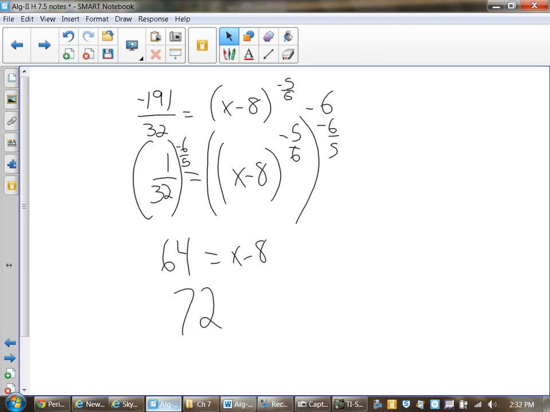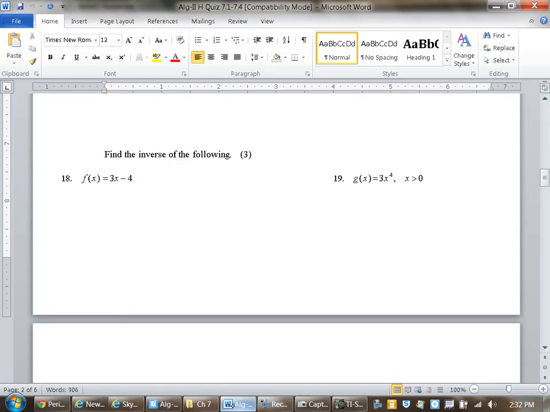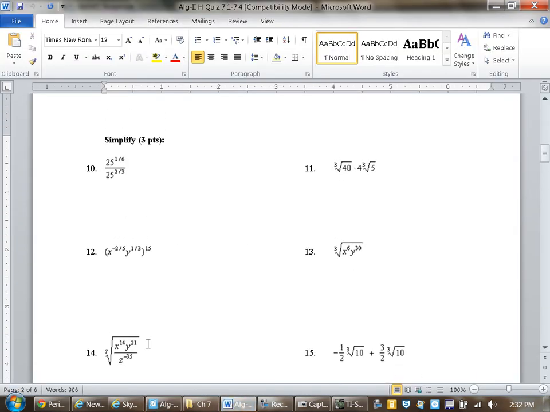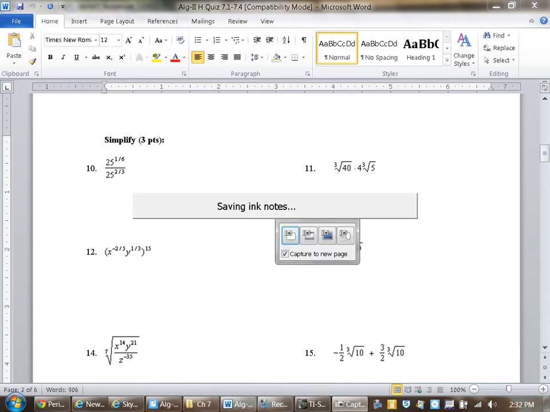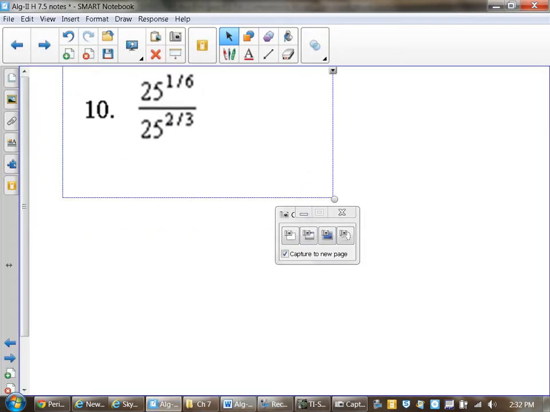Alright. Let's see, what was the other one I wanted to look at here? Oh, I remember. Do we have the same bases here, ladies and gentlemen? Yeah. I have same bases, different exponents that I'm dividing, which means I have to play the game of war.